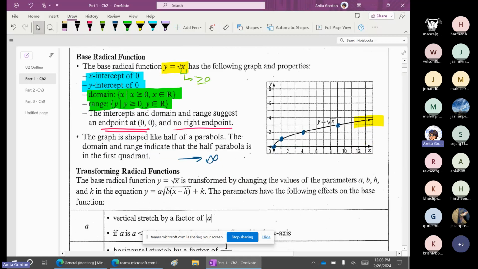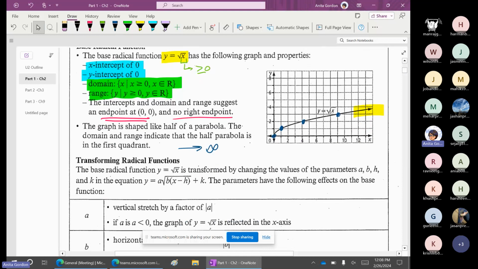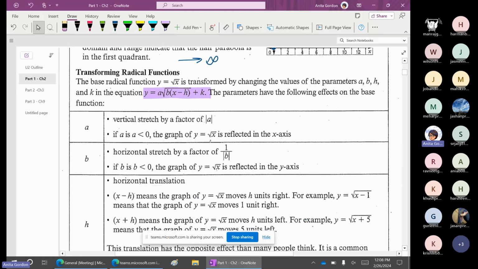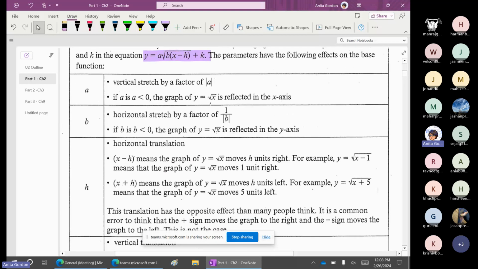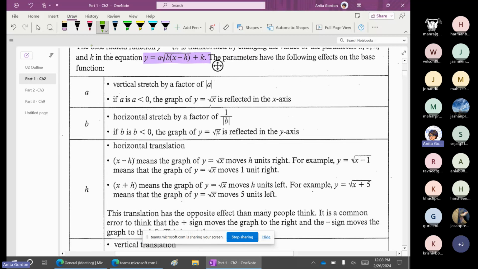When we transform the graph, this is from Unit 1, we have parameters that tell us what to do with the graph. And it gives you a summary of those parameters in the bottom here. If we have an A out front, then we are looking at a stretch.